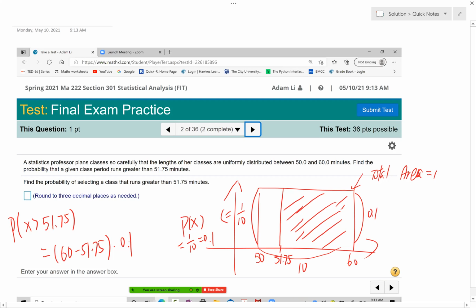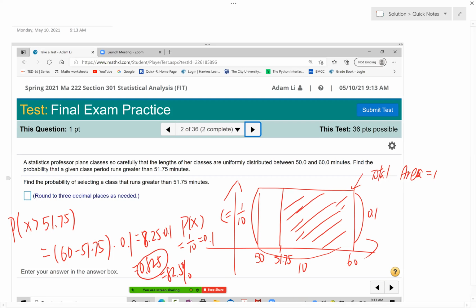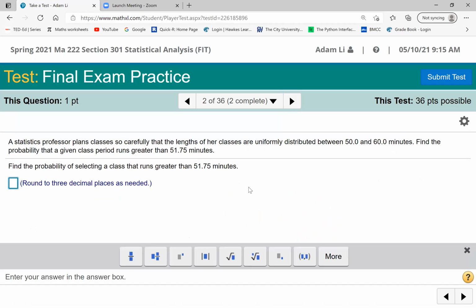Then that's going to be 7.25. No, 8.25 times 0.1. So it's 0.825. So that means it's 82.5%. They want 3 decimals, so it's 0.825. That's the correct answer. Okay, so that's question number 2. And let's look at question 3.